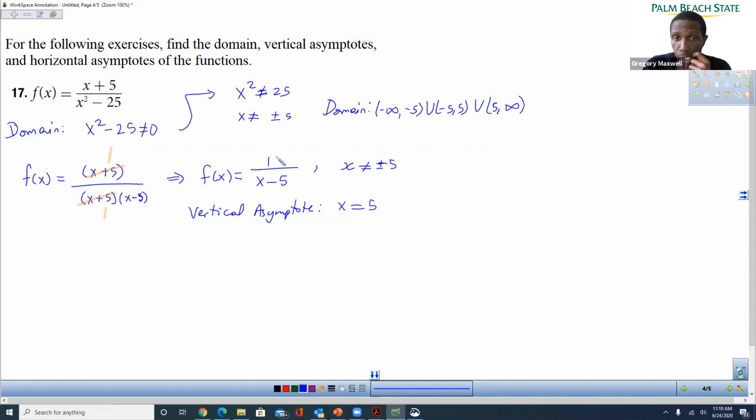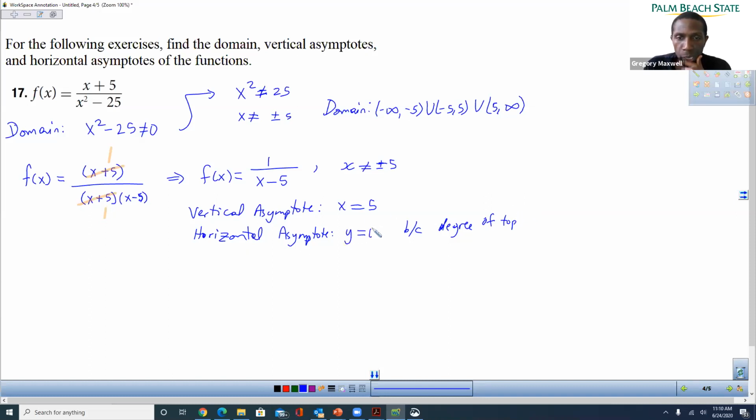You see that the degree of the top is 0 and the degree of the bottom is 1. So since the degree of the top is less than the degree of the bottom, then the horizontal asymptote is what? That's correct.